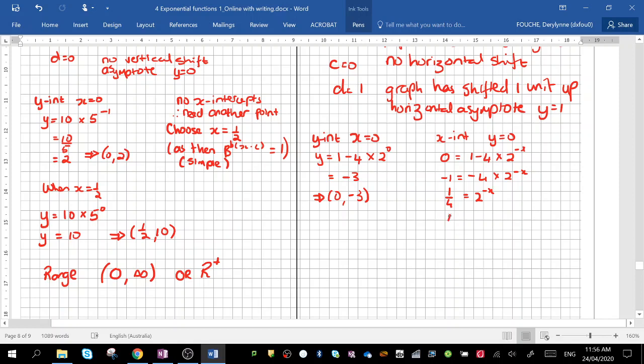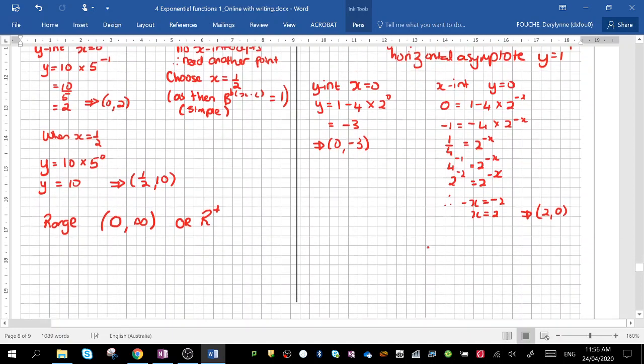And 4 to the negative 1 is 2 to the negative x. Remember, your bases have to be the same before you can equate your indices. So 2 to the negative 2 is 2 to the negative x, and therefore negative x is negative 2, or x equals 2. So now I have my x-intercept at 2, 0.